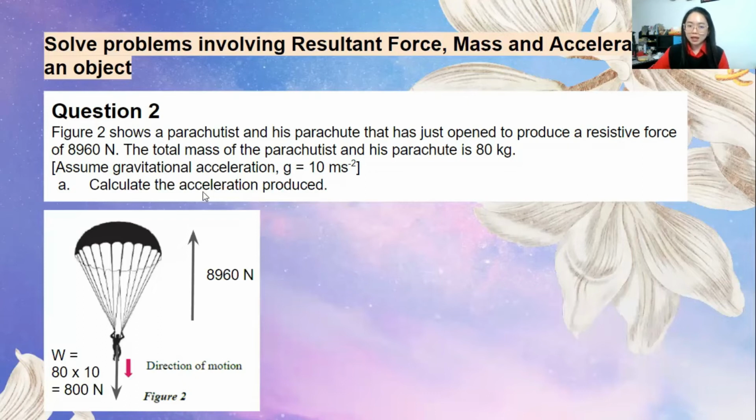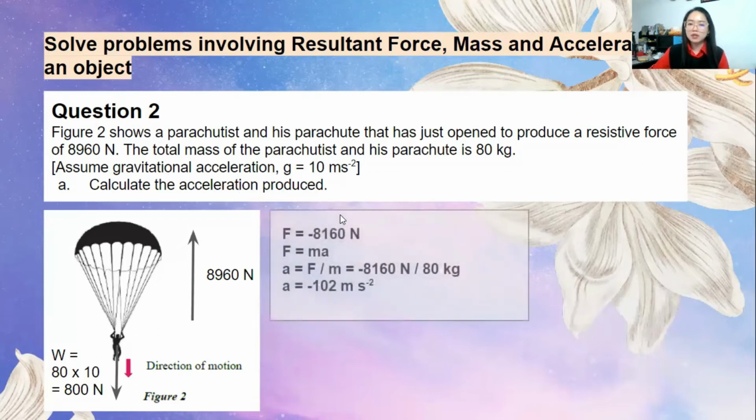I'm going to calculate my acceleration. My resultant force is negative, so a equals F divided by m. I get negative 8,160 Newton divided by 80, which is negative 102 meters per second squared. Now, let's say you ask, teacher, what if my answer is positive 102? It doesn't matter, because you are only asked to find the acceleration.